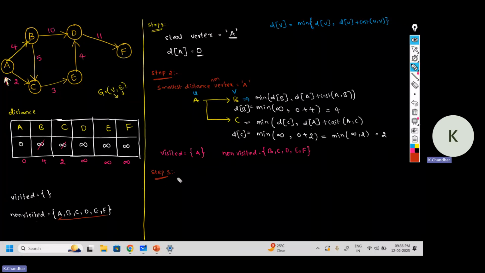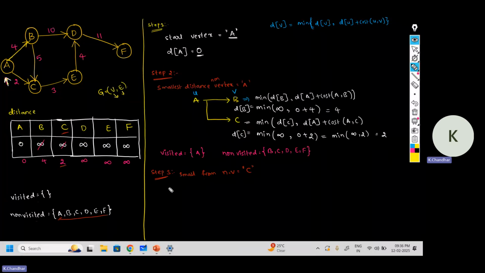So similarly, here also I need to find the smallest distance from non-visited vertices. So here, what are the non-visited vertices? B, C, D, E, F. So from B, C, D, E, F, which is the smallest one? 2. So which vertex has 2? C. So I am going to pick C as the next vertex.